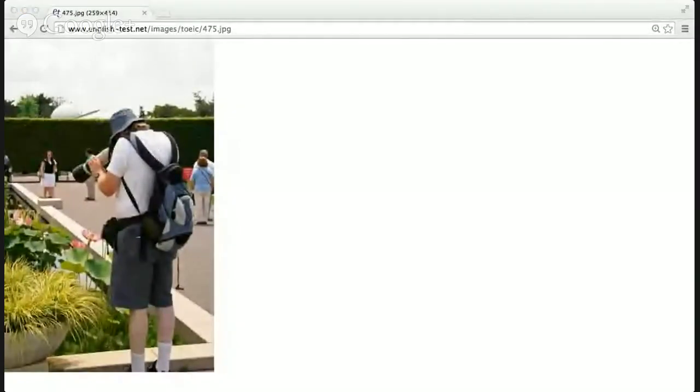He's taking a picture of some flowers or vegetation. Okay, and it's like a park or a tourist place because there are other people watching around.